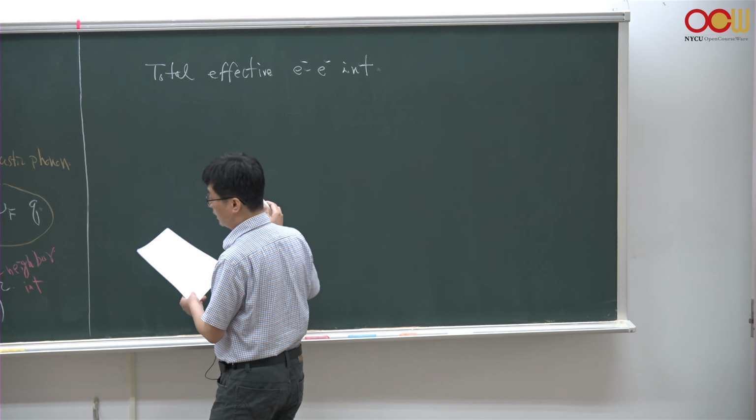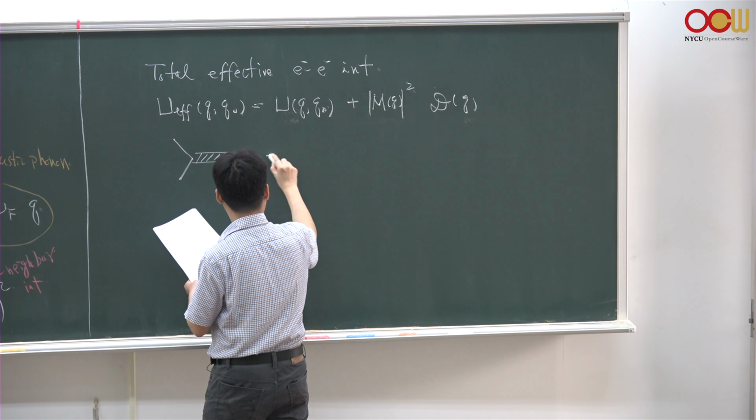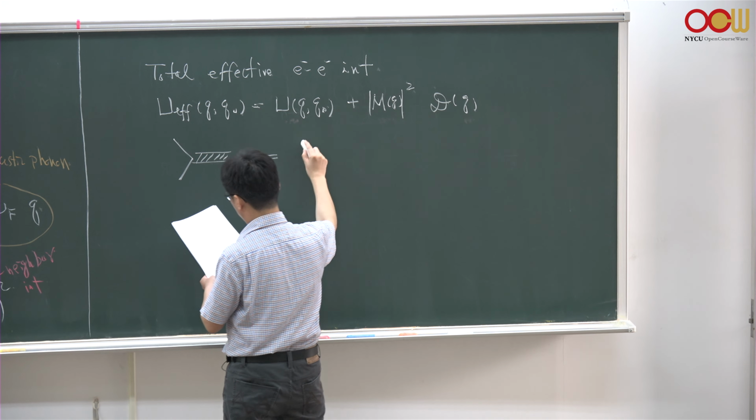So the U effective is the sum of these two. The capital U term represents the Coulomb potential, and this capital M squared times the italic capital D is the electron-phonon mediated electron-electron interaction. Diagrammatically, you could use this kind of cartoon picture to represent the two terms.